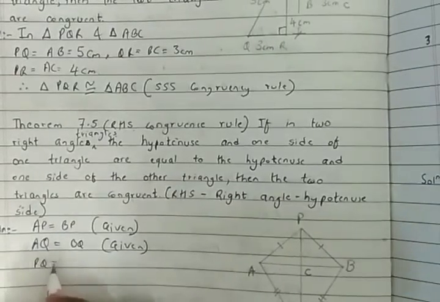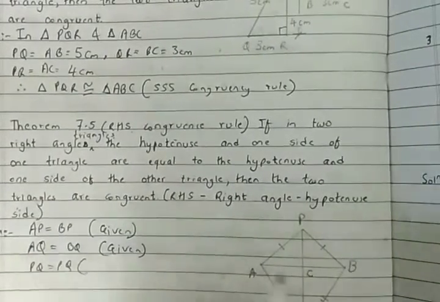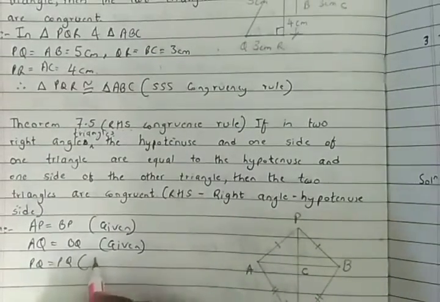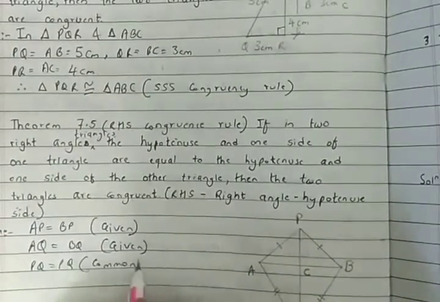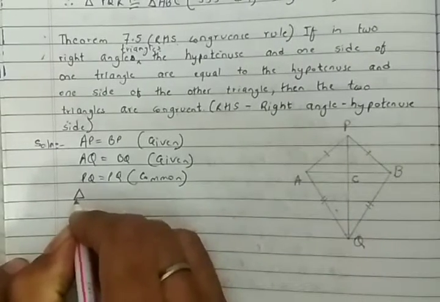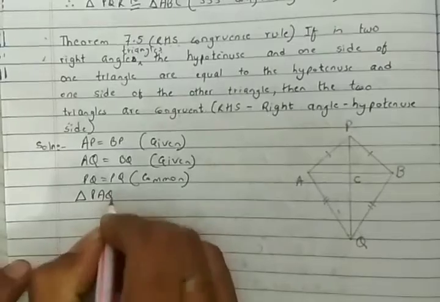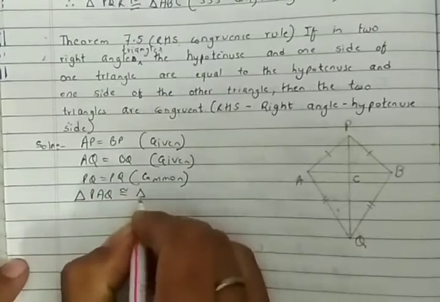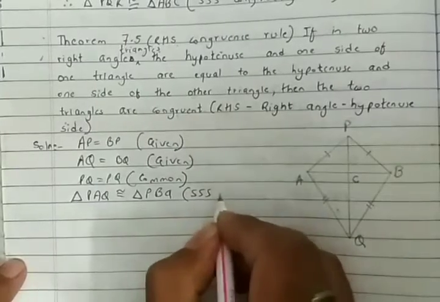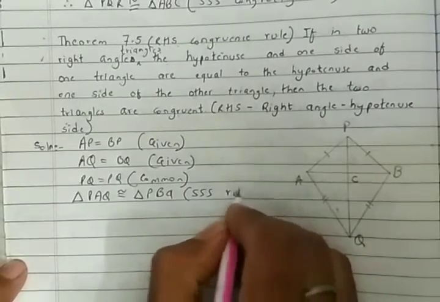And PQ is common to both these triangles, right? PQ is common. Now you can say that triangle PAQ is congruent to triangle PBQ. You can say this by SSS congruency rule.